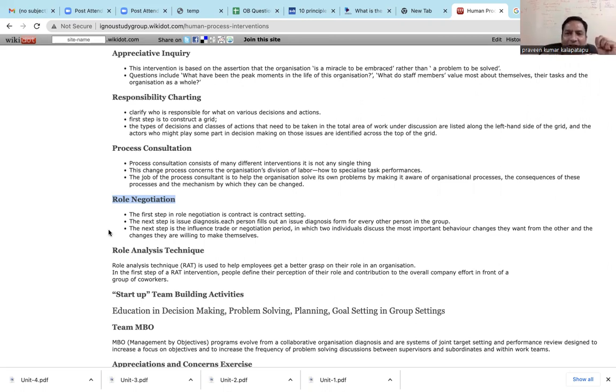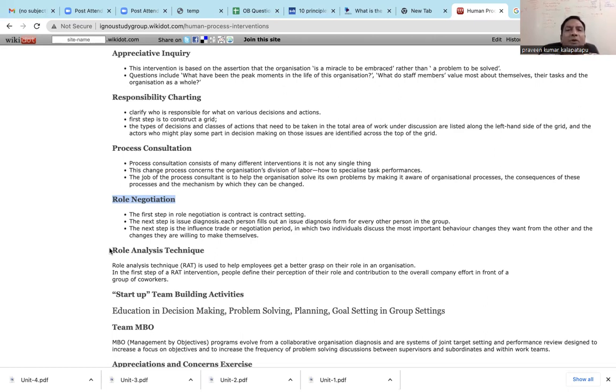It starts with the contract setting, and then it talks about the issue the person has, and it talks about the influence period: till when he is going to deal with that particular issue, or till when he is going to work on the job that is assigned. So this is like an influence state or negotiation period.